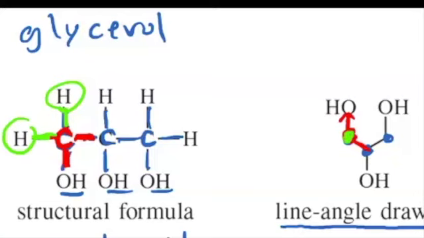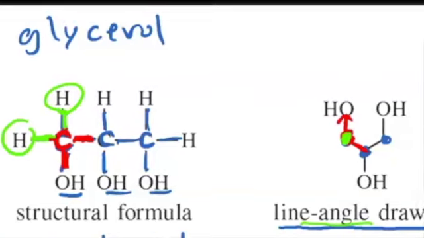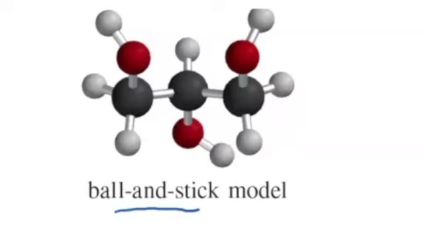And so this is a shortcut version that allows not having to draw any of the carbons or any of the hydrogens, and this becomes important when you're drawing molecules that are more complicated, that have a lot more carbons and hydrogens. The ball and stick model is the best representation, which shows the 3 carbons of the glycerol molecule and then the 3 OH groups.